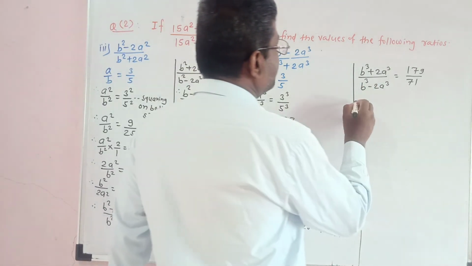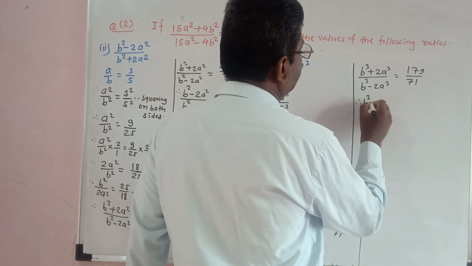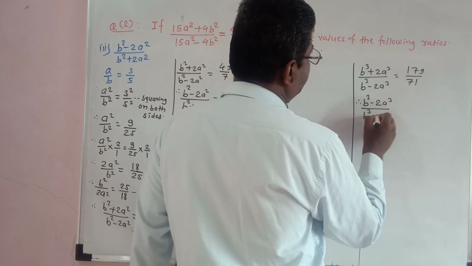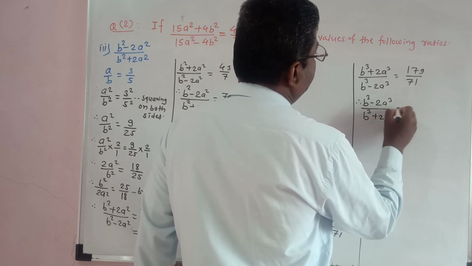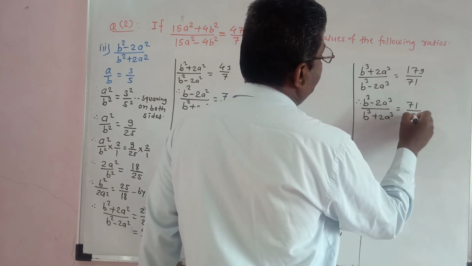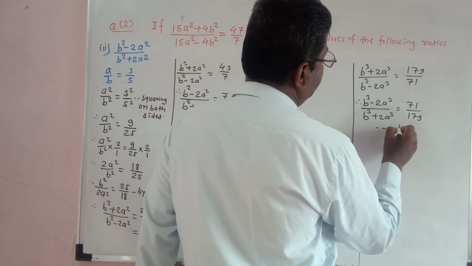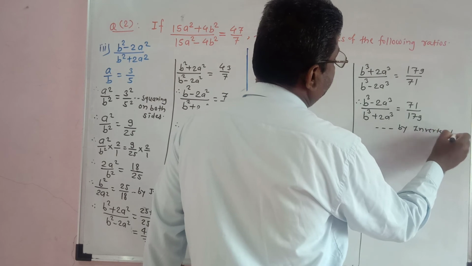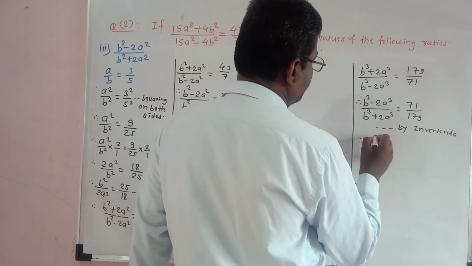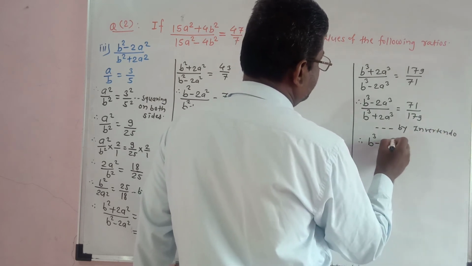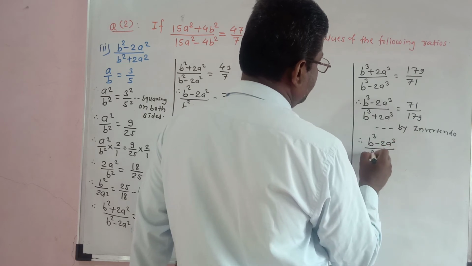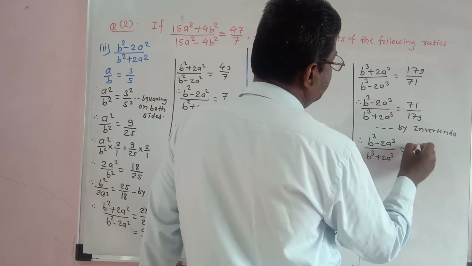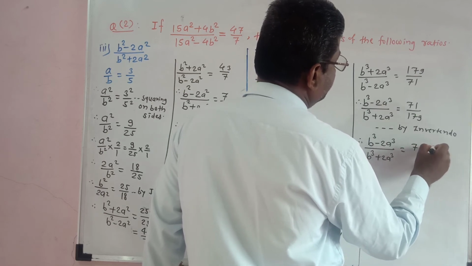So we write b cube minus 2a cube upon b cube plus 2a cube is equal to 71 upon 179, and reason is by invertendo. Therefore, b cube minus 2a cube upon b cube plus 2a cube is equal to 71 is to 179.